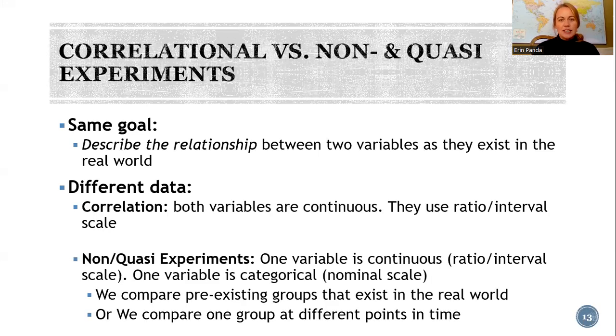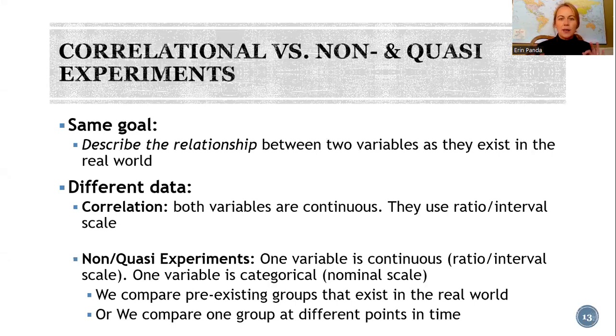In a correlation design, both of the variables are continuous and are measured using the ratio or interval scale, versus in a non-experiment or quasi-experiment, one variable is continuous. In this case, it was the sleep quality, and the other variable is categorical and uses the nominal scale. You either belong to this group or that group.